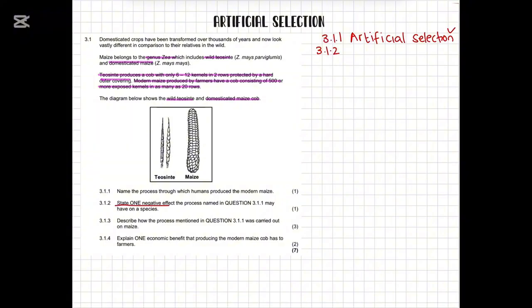3.1.2, state one negative effect the process named in question 3.1.1 may have on a species. Well, artificial selection is not only good for human needs, there may be side effects to artificial selection. I think artificial selection can be part of genetic engineering.